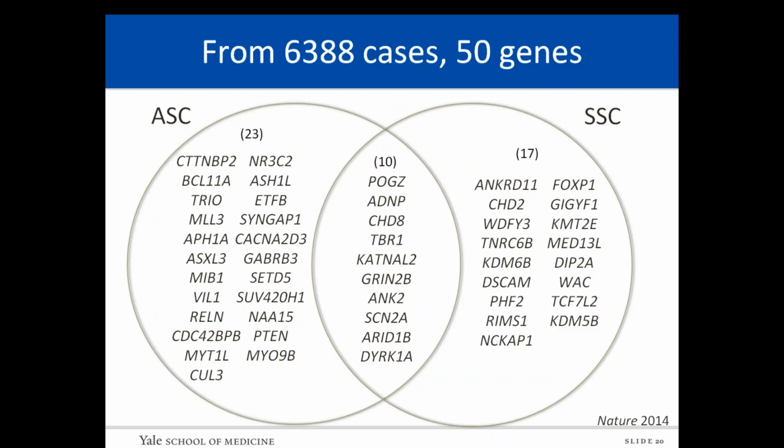Combined, these studies looked at about 6,400 cases, families affected by autism, and came up with a list of 50 genes that seem to be very strongly associated with autism, meaning that they were hit multiple times in families. But even then, the most any one gene in this list was found mutated in families was perhaps a dozen times. So each of these genes are still very rare causes of autism.